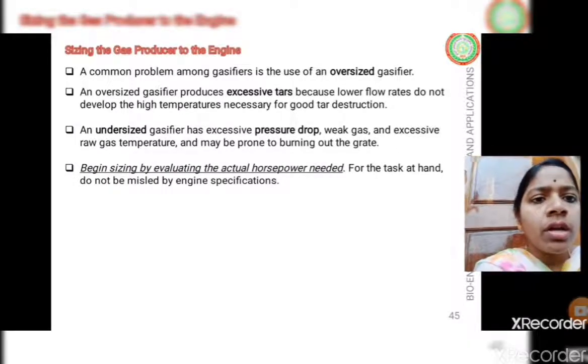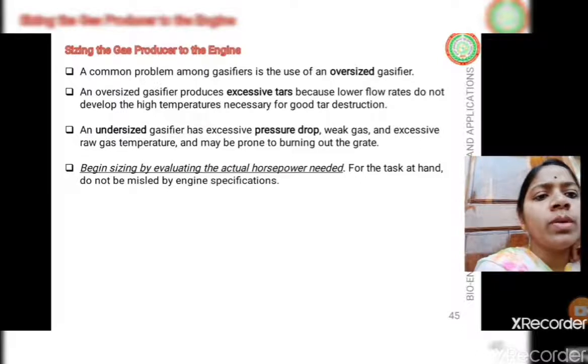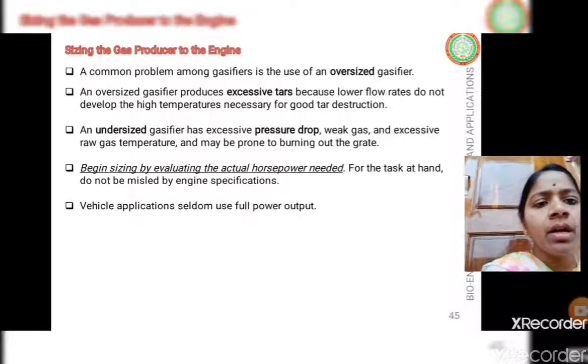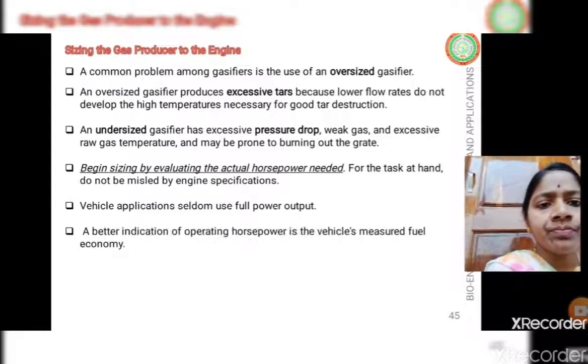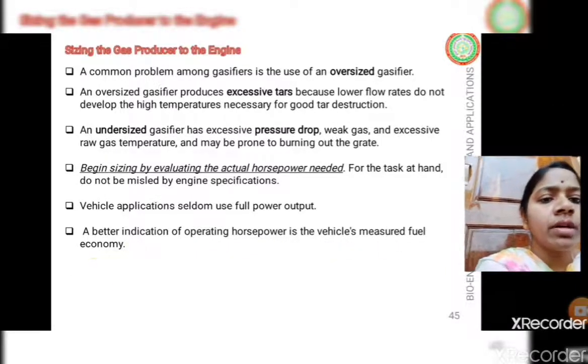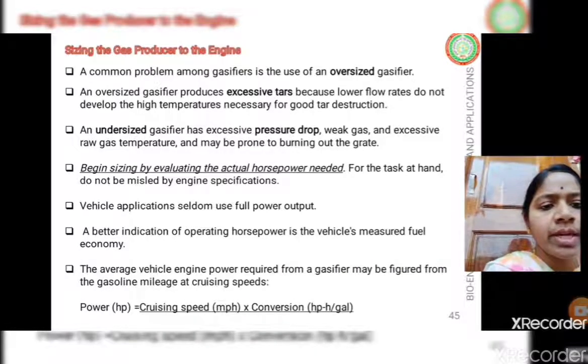So the sizing needs to be done by the actual horsepower needed, by depicting the operating horsepower of the vehicle, measured with respect to gasoline.